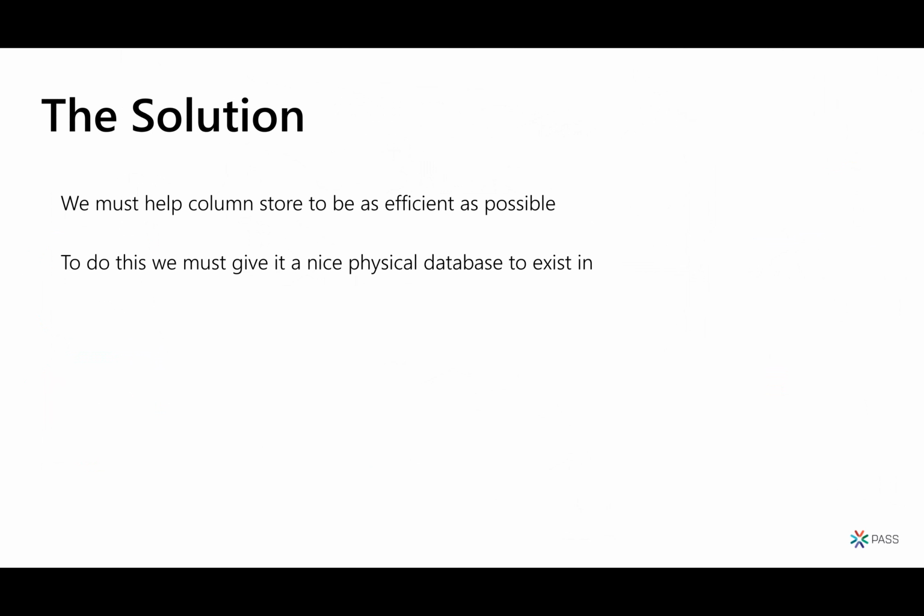We must give it a nice physical database to exist in. And the reason for that is, in the beginning I told you that column store under the hood is stored in a regular table with a blob. That means if you don't put your column store on a file group that is big enough to grow, it's not too big, it's not too small, and you have an idea how you're going to grow it and how you move it around, because you cannot shrink a file in that file group.